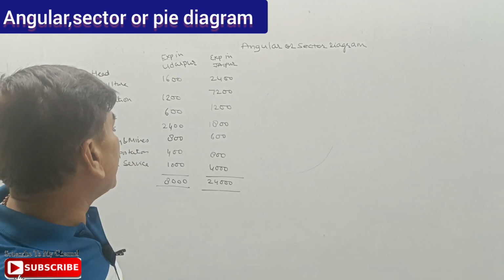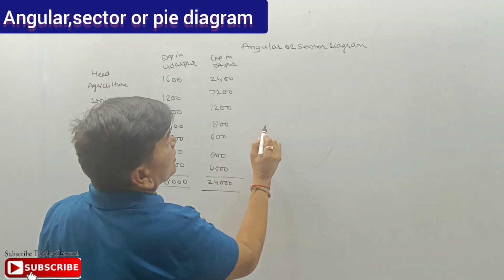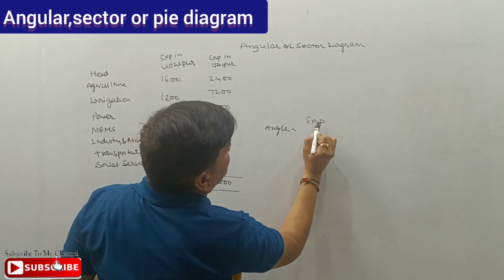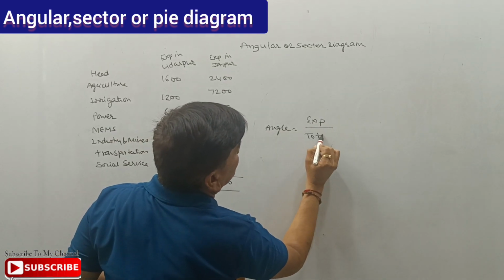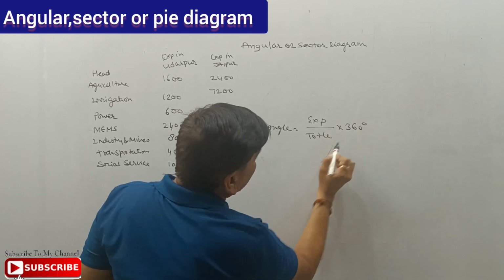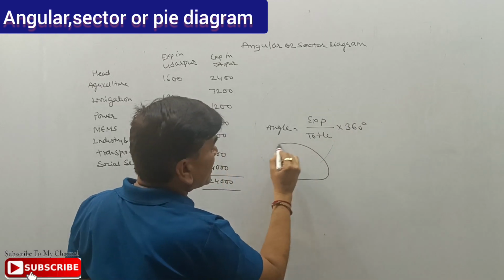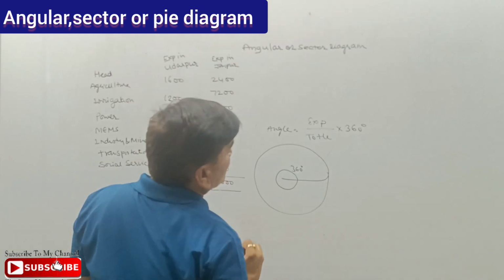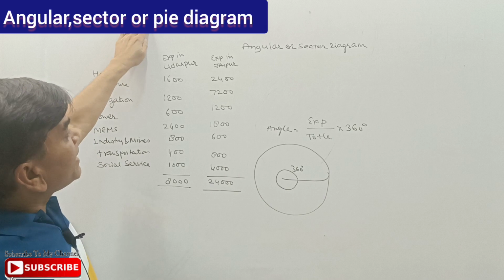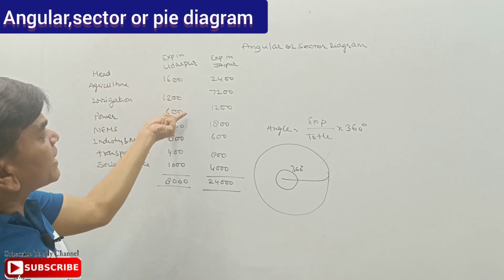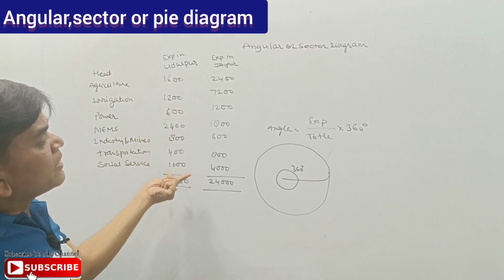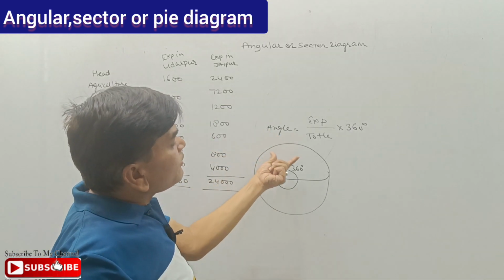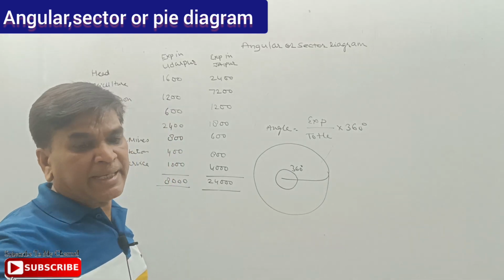For getting the angle, it is expenditure divided by total, multiplied by 360 degrees, as we know that a circle has a total of 360 degrees. We will find how many degrees each angle will be, and there will also be cumulative angles.